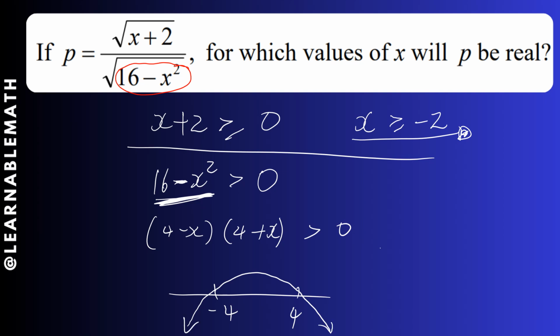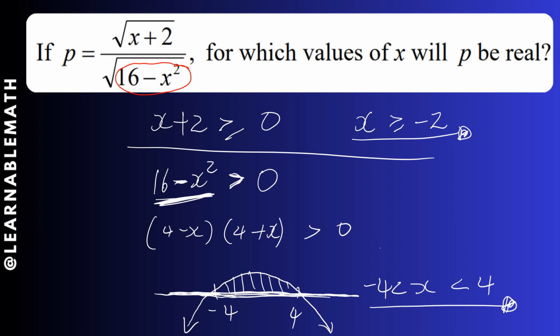Then you check where this is greater than 0. You treat this line here as the 0 line, where y is 0, and this is a function. Where it's greater than 0, it's on top here. So x must be between negative 4 and 4 according to this number line.